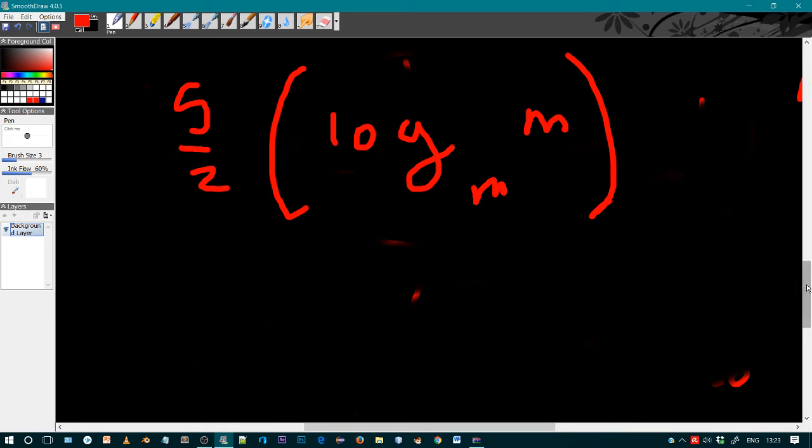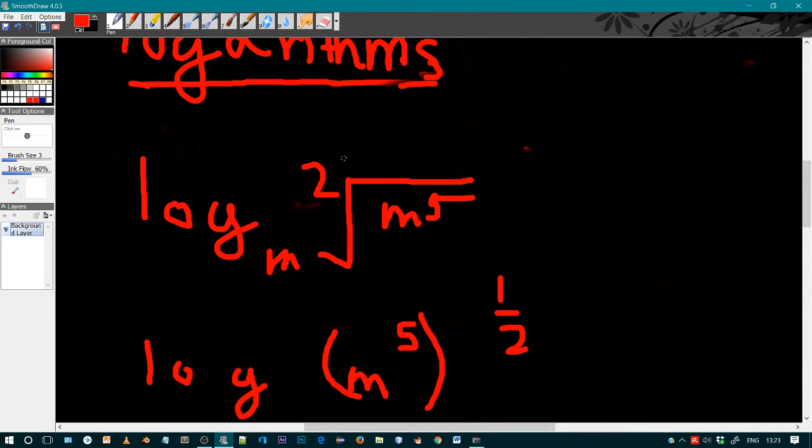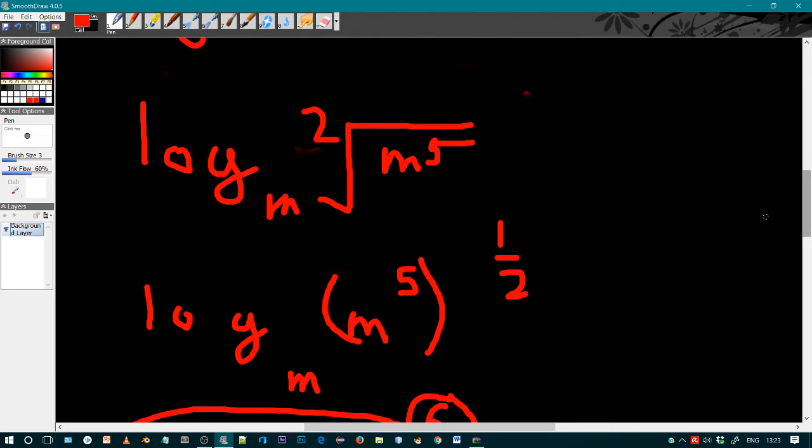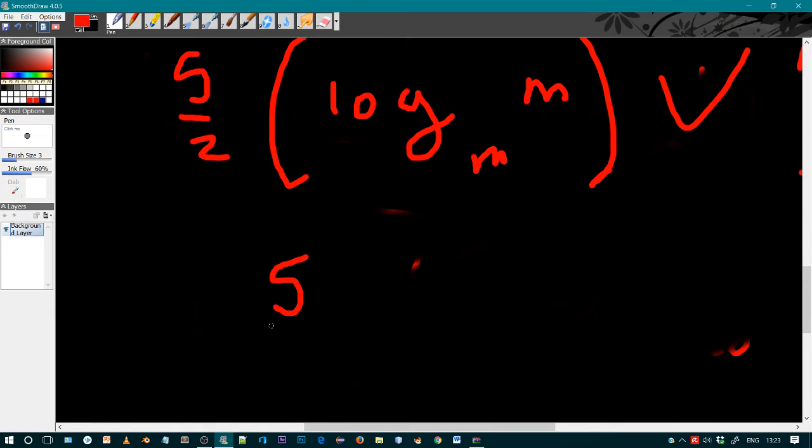But what if you want to find the value of this expression? Log base m of m to the power 5 by 2. You want to find this value here. So this is the simplified version, correct? This is correct. But we notice one thing here. In the previous rule discussed before, log base m of m, anything with a similar answer and a similar base.